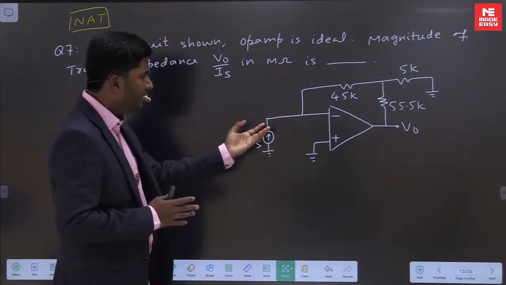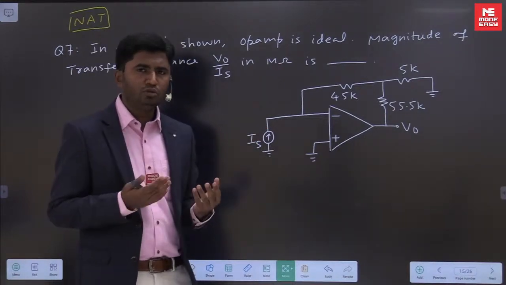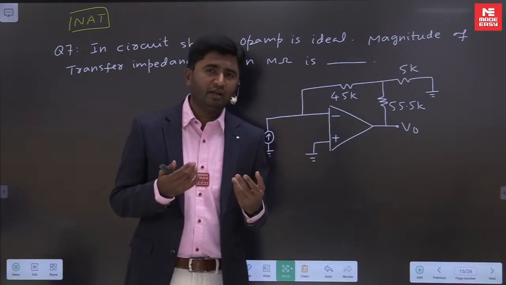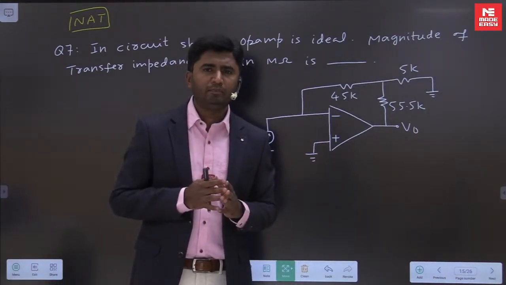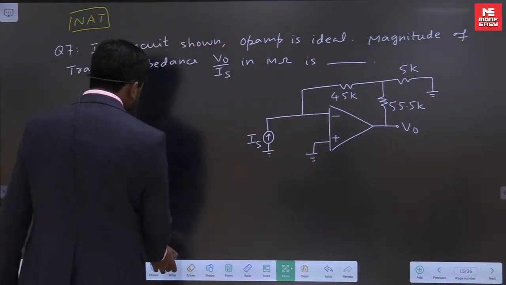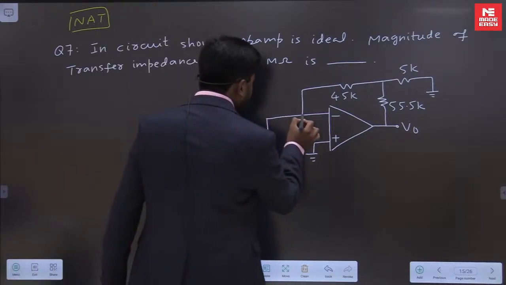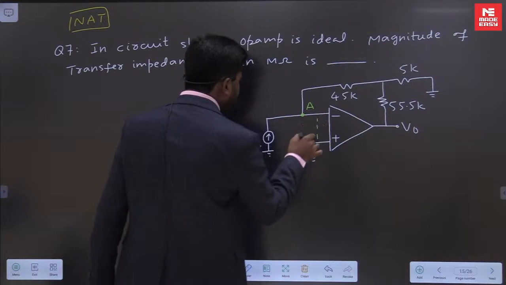Now these are op amp circuits having negative feedback, and the approach to solve op amp circuits having negative feedback is to use the virtual short circuit property and then KCL. You can call this node as A and then use the virtual short circuit property.